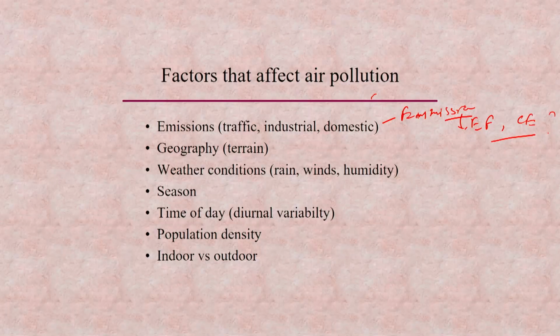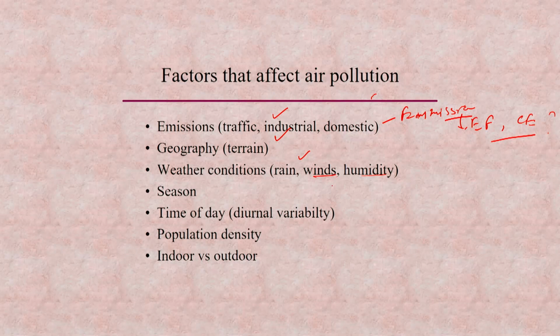Okay. Then the next thing is the geography or terrain of the particular location or the sampling site, or on a regional scale, or the country as a whole. Then the weather conditions: rain, wind, humidity.